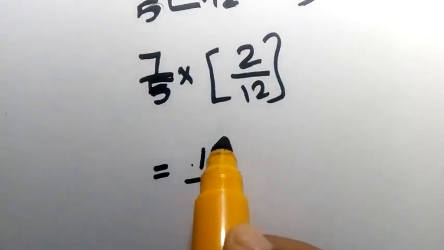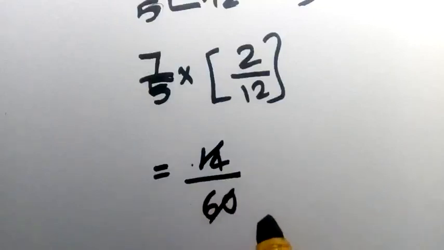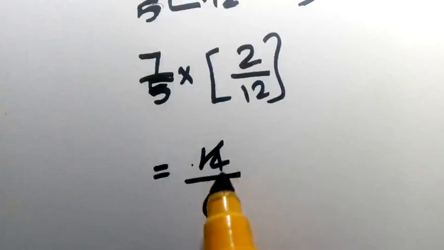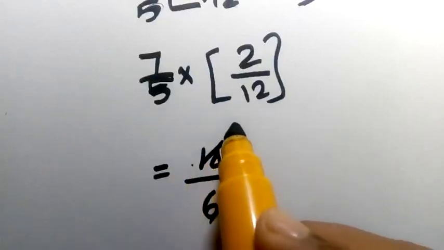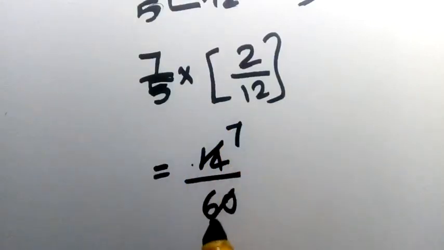If you find the lowest form of this fraction, how will you find the lowest form? You need to identify the common factor of both of these numbers. 2 is a common factor. So we will make it in the lowest form by using the common factor 2. So 7 2s are 14 and 30 2s are 60.